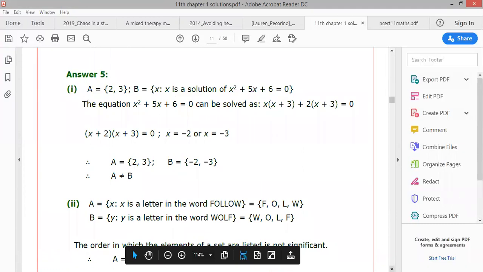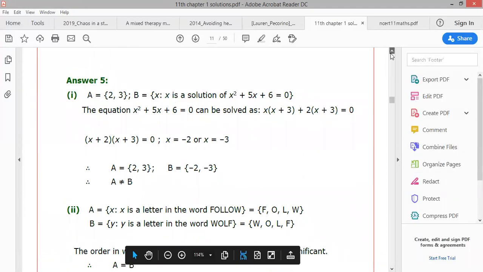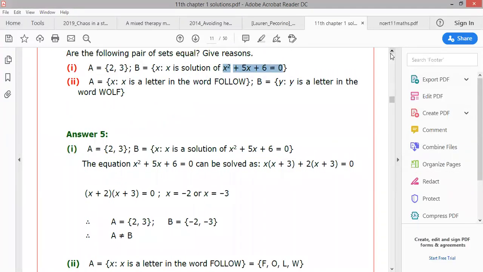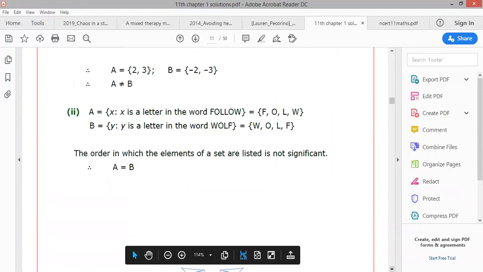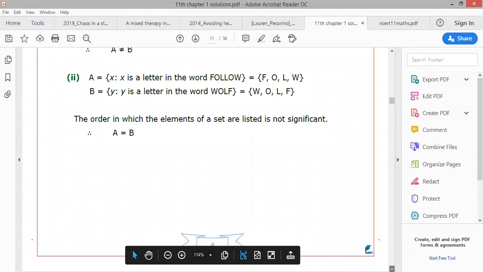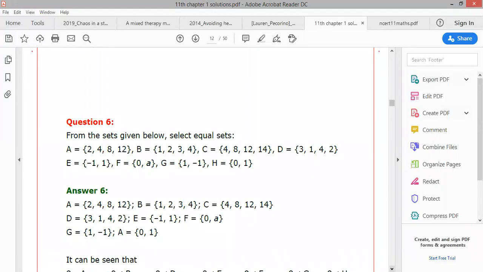Next part, that is, we have two sets. Set A, {x such that x is a letter in 'follow'}, and B, {y such that y is a letter in 'wolf'}. If we want to write the elements of set A, we have to write the elements, but note that we will not be repeating as per the rules of sets.